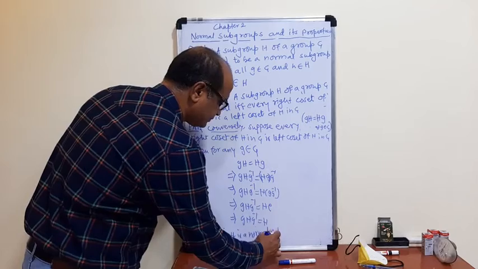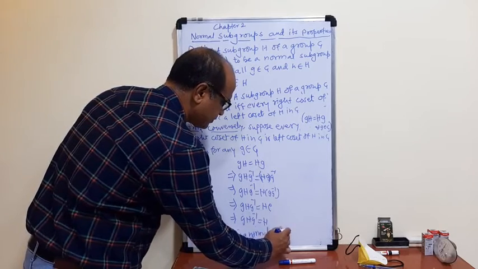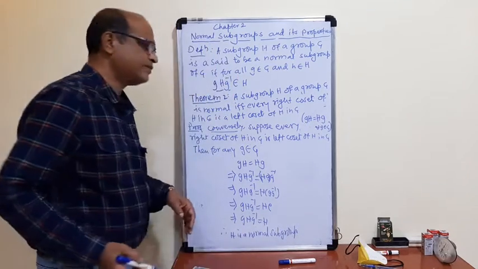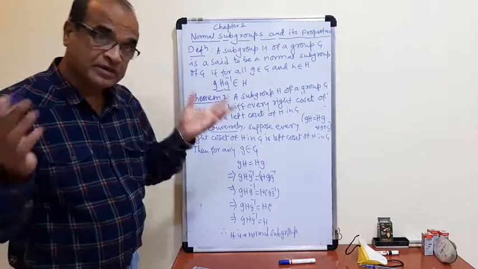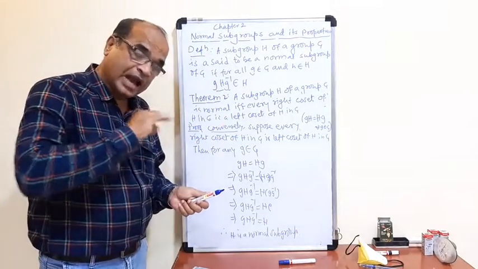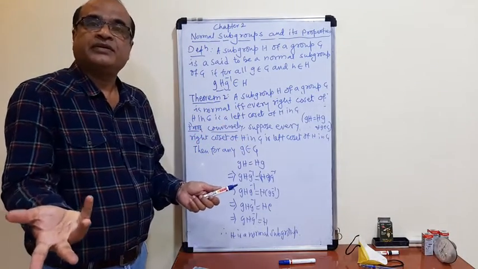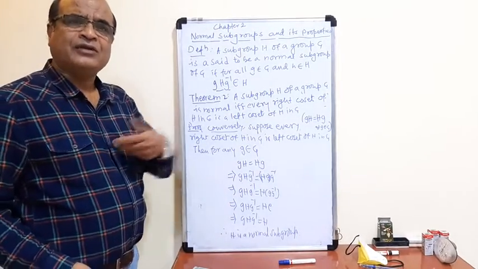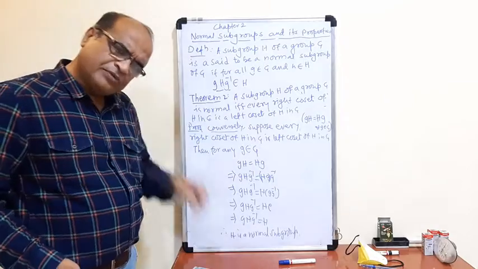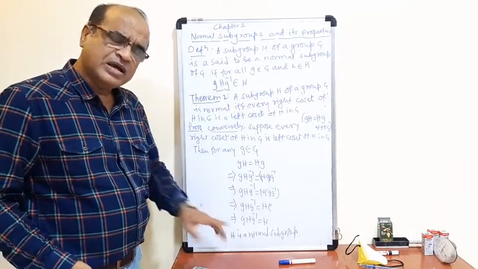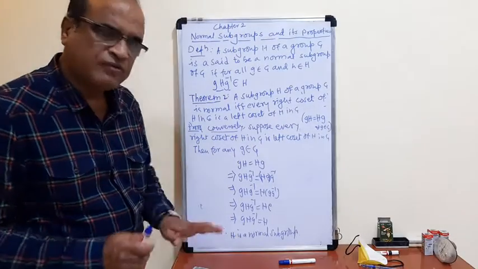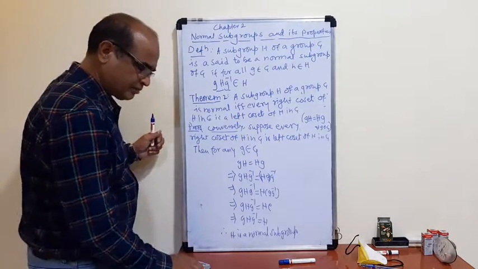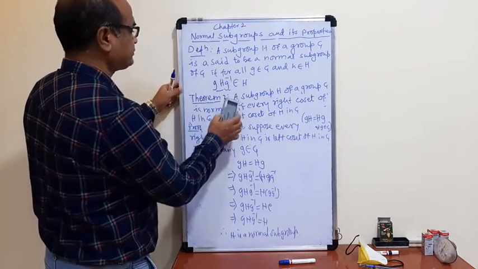Hence the theorem. First we take H as a normal subgroup, then prove that the right coset is equal to the left coset. This is the if part. Now what is the only if part? If the right coset is equal to the left coset, then prove that H is a normal subgroup. The proofs are very simple here.